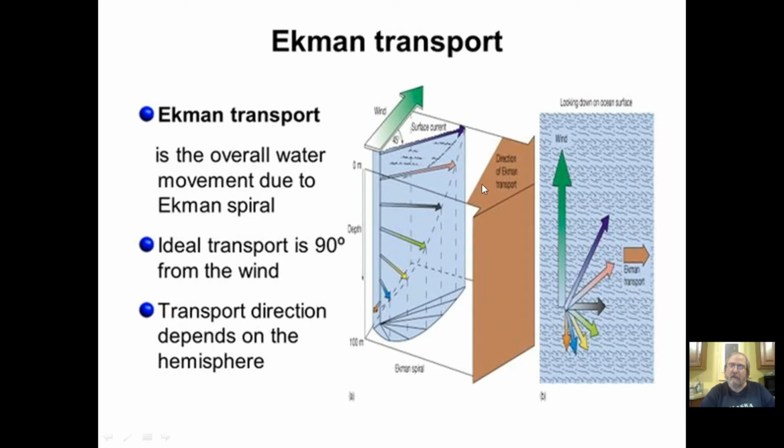So this is sort of like a 3D look-see. This is a top view. Here's the wind. This is approximately 45 degrees, and here are all these arrows. And then when you integrate over the water column, the mass of this water column, you get the general mass movement of water, as you can see, 90 degrees to the wind.